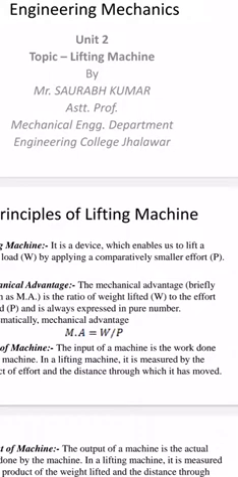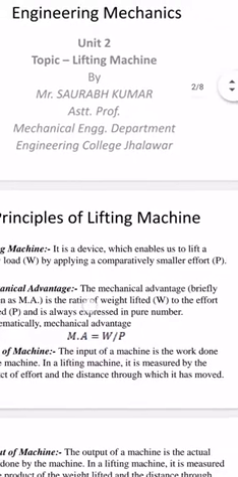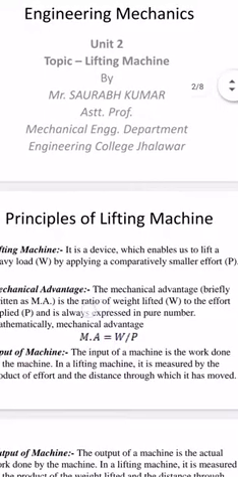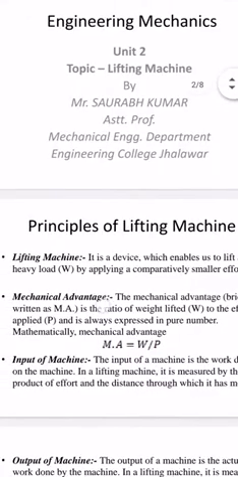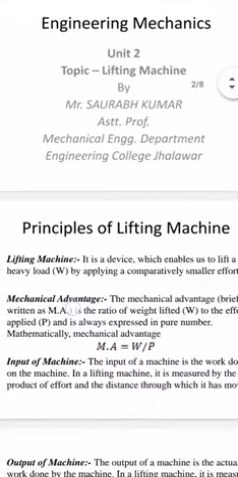Means if you want to lift a 1000 kg weight, you can lift it by applying only 100 newton force. So you can see the difference: by small effort you can lift a heavy load.